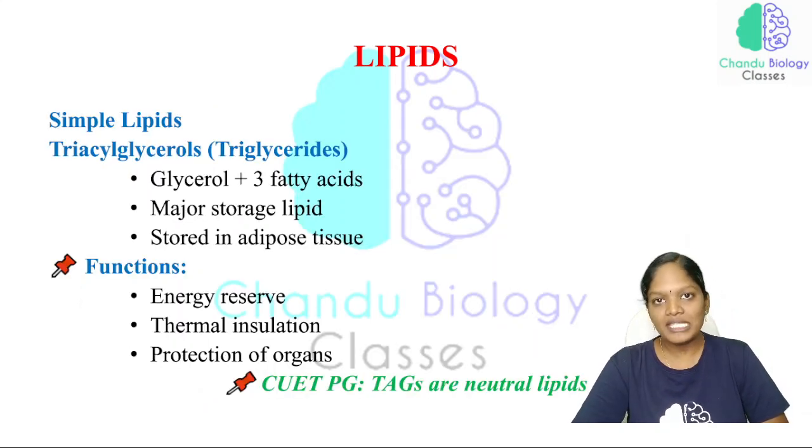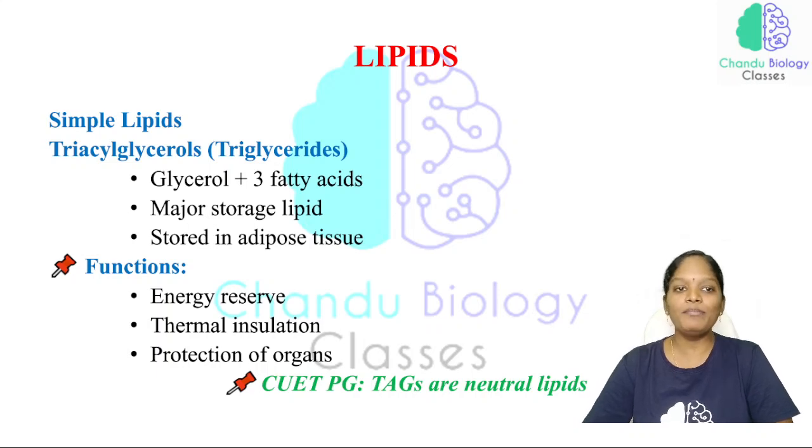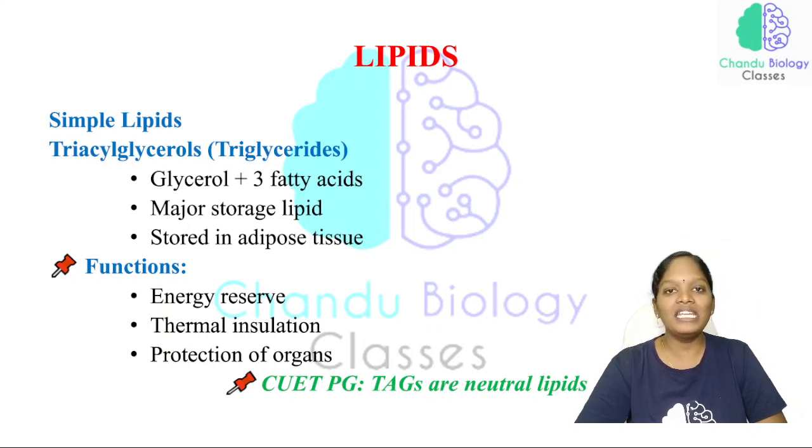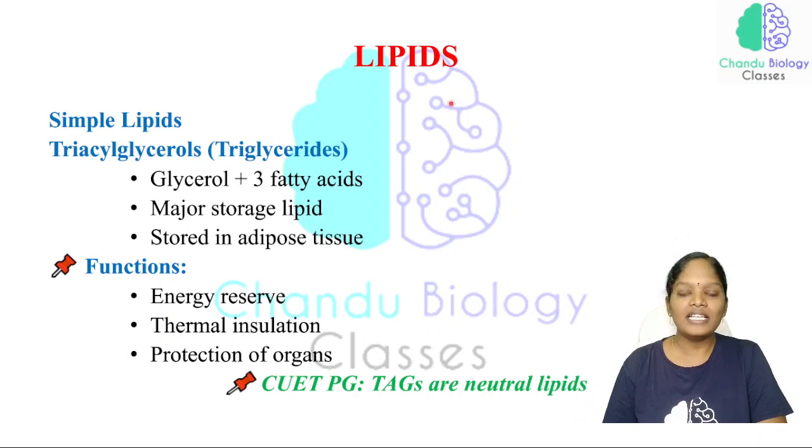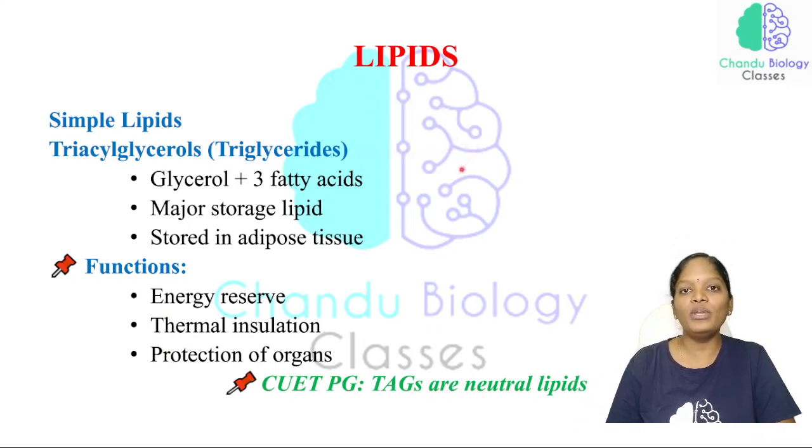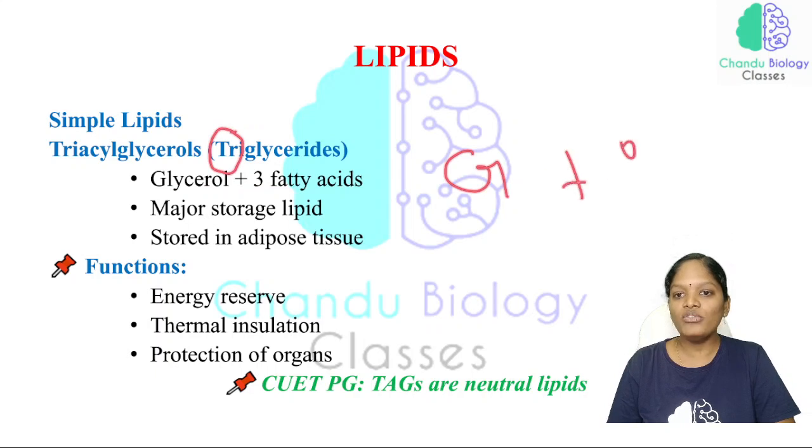Now coming back to the simple lipids, the most important simple lipid is the triglyceride. Whenever we break down a triglyceride, we get two important monomers: glycerol and 3 fatty acids. That is why it is called triglyceride. If there is glycerol plus 2 fatty acids, it is a diglyceride.